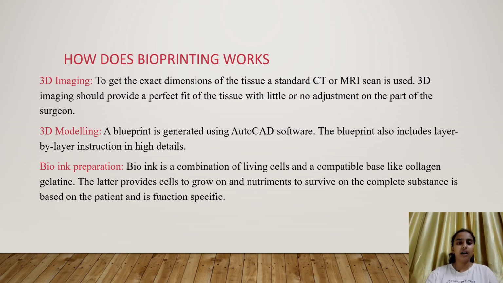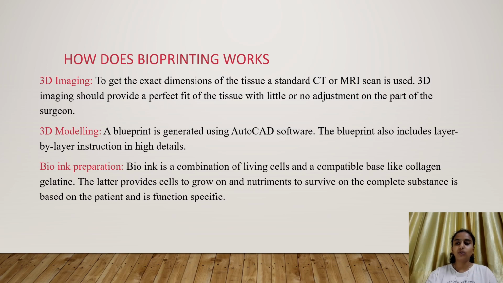Next one is how does bioprinting work? 3D imaging and 3D modeling, followed by bioink preparation. First one is 3D imaging. To get the exact dimensions of tissue, a standard CT or MRI scan is used. 3D imaging should provide a perfect fit of tissue with little or no adjustment on the part of the surgeon. Second one is 3D modeling. A blueprint is generally made using AutoCAD software.